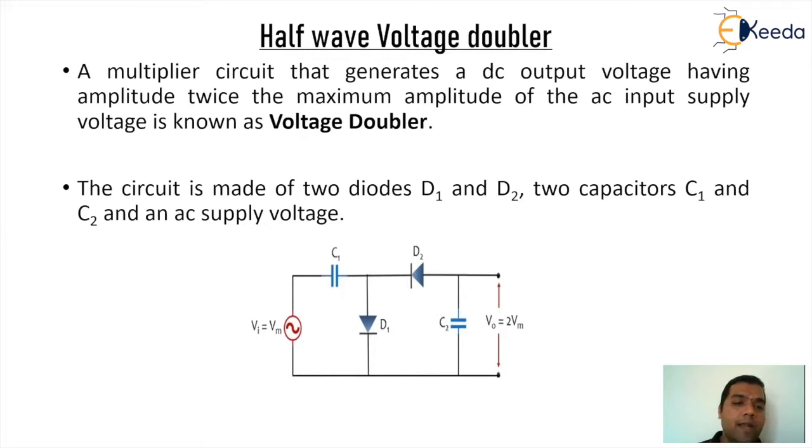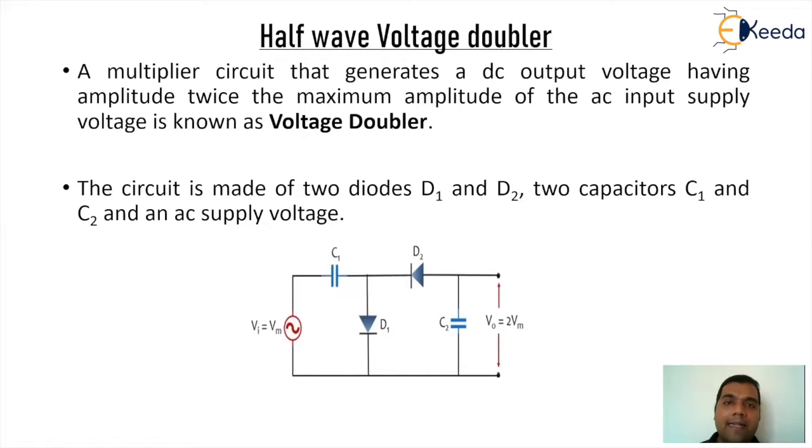The input applied will go to a peak value of Vm. And when you try to measure the output across the capacitor C2, you will get the value as 2 Vm. So this is all with the concept of doubling effect. You get Vo equal to 2 Vm across your capacitor C2.